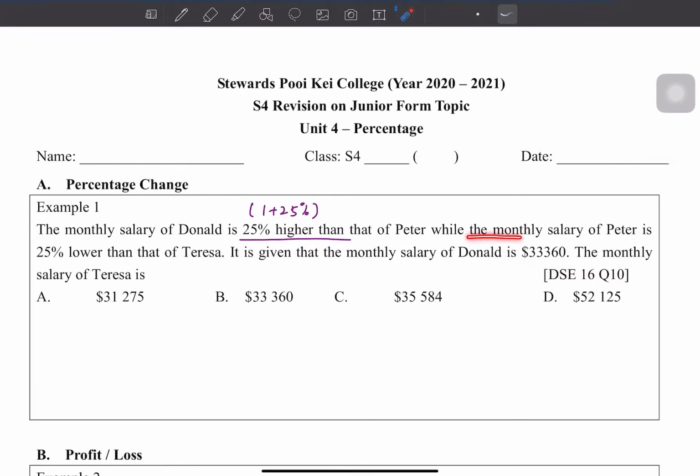Well, the monthly salary of Peter is 25% lower than that. So the factor must be 1 minus 25%. Okay, let's see how we can set up the equations. Because Donald is 25% higher than Peter, I will think about this question in this way.